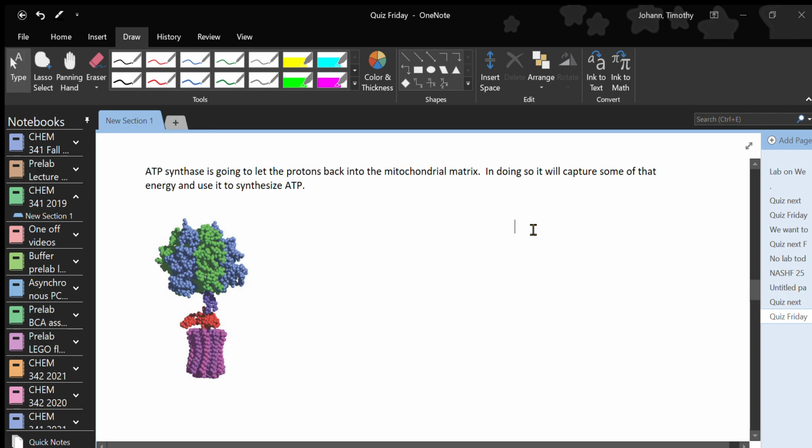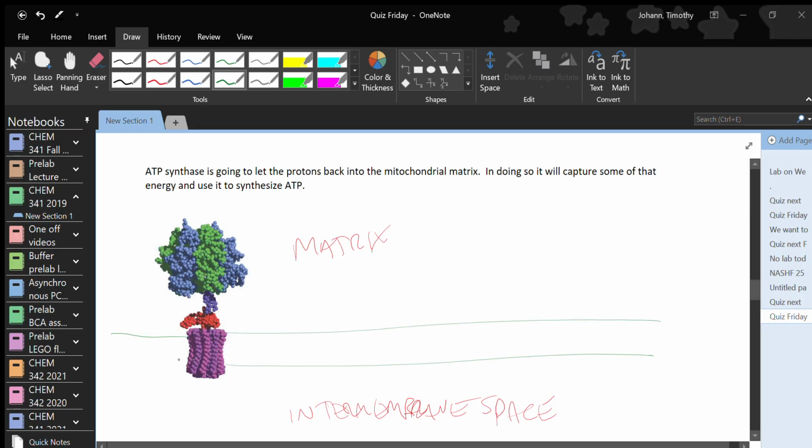Okay. So for this diagram, this is actually the opposite way than we're used to seeing it. The matrix is going to be up here, the opposite way we've been drawing. The intermembrane space is down here. So imagine this being your membrane.